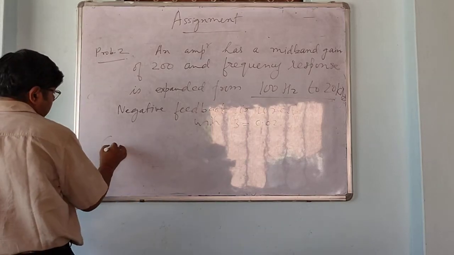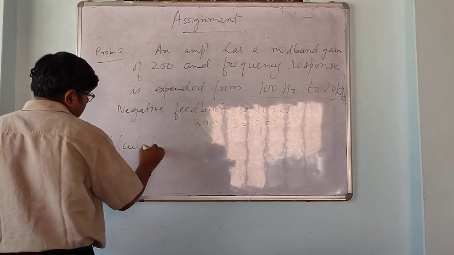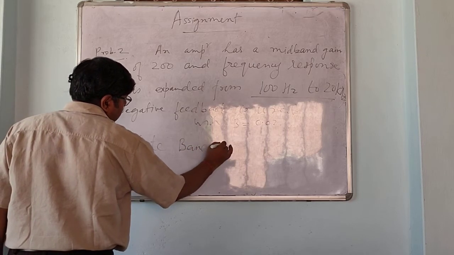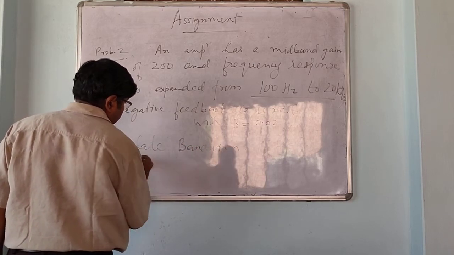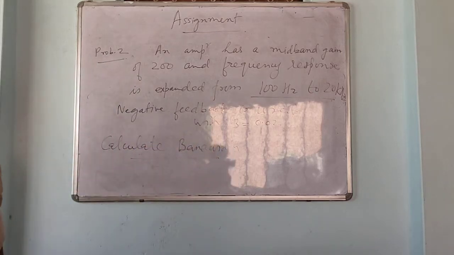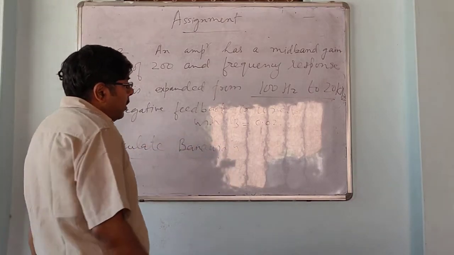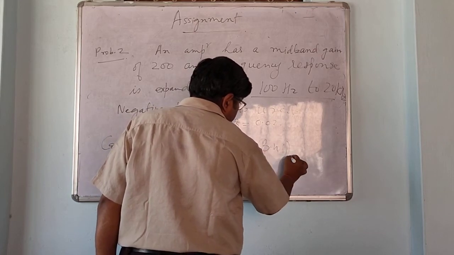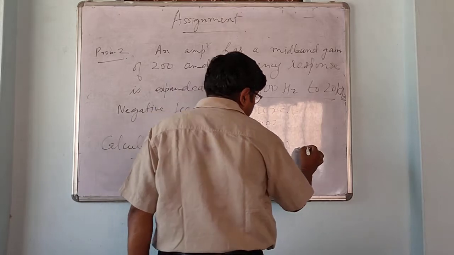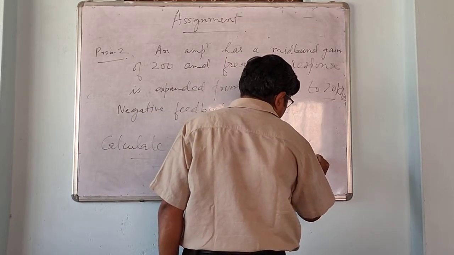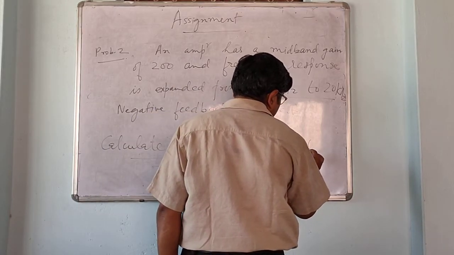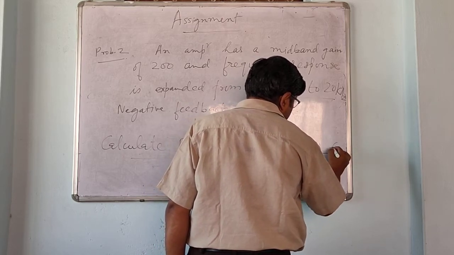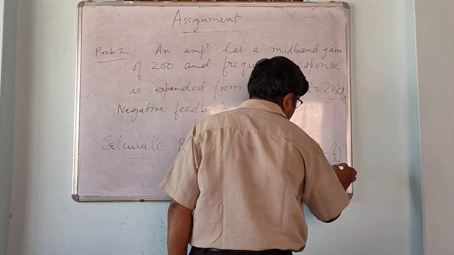Calculate the bandwidth. So what is the method to calculate bandwidth? Bandwidth with feedback is given by the upper cutoff frequency with feedback minus the lower cutoff frequency with feedback.